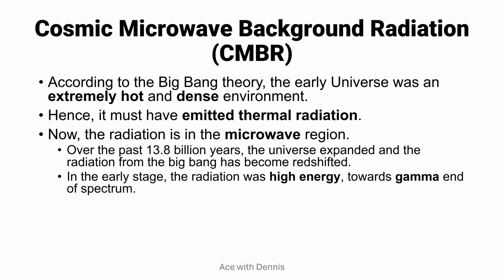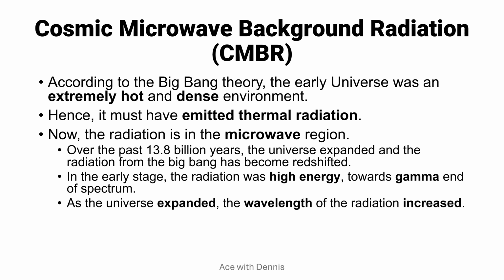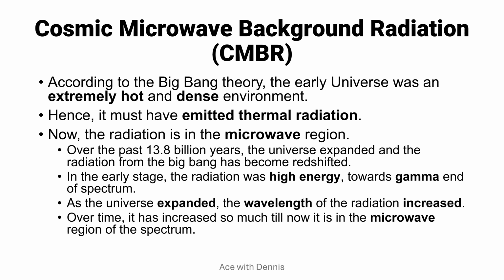In the early stage, the radiation was high energy, towards the gamma end of the spectrum. As the universe expanded, the wavelength of the radiation increased. Over time, it has increased so much that now it is in the microwave region of the spectrum.